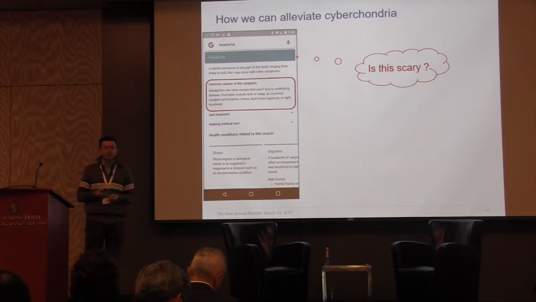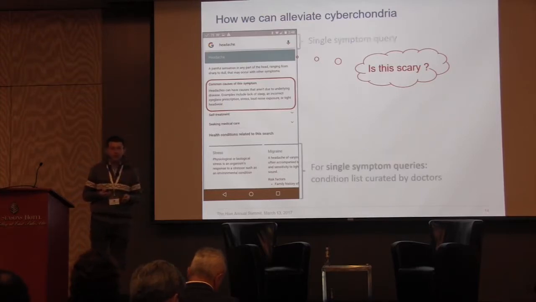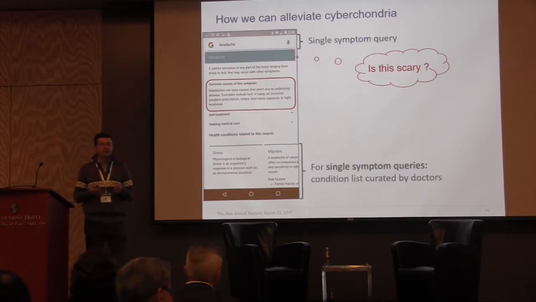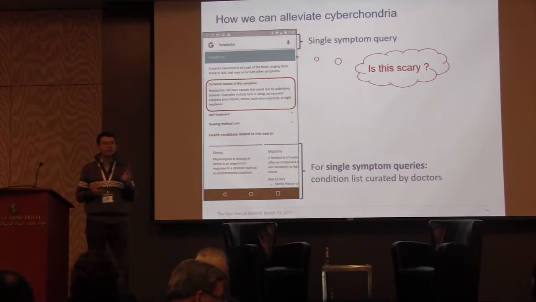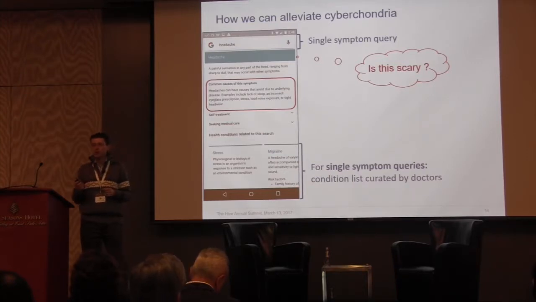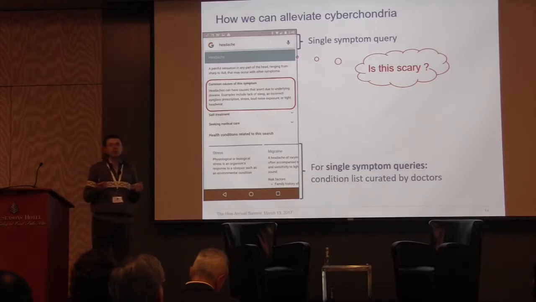The other thing we are doing is, whenever we have a single symptom query, a query containing just one symptom, exactly one, we ask doctors to exactly enumerate the list of medical conditions in the appropriate order of prevalence for this symptom. It's a luxury we only rarely have, because in many cases users mention 2, 3 or more symptoms.